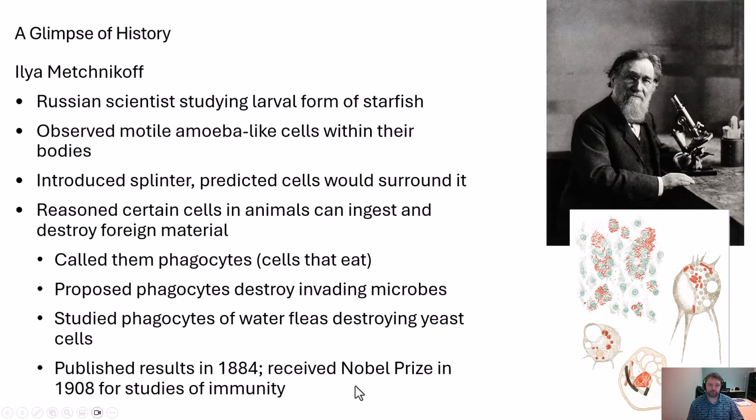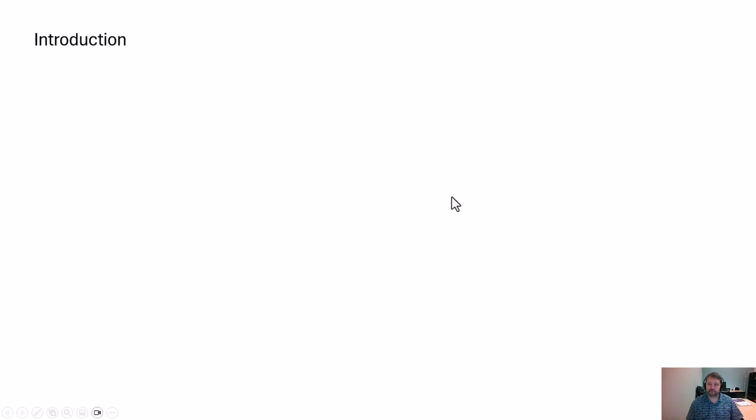He published his results in 1884 and won the Nobel Prize in 1908. So that's really where the first written work of the immune system starts, with Microbiology.